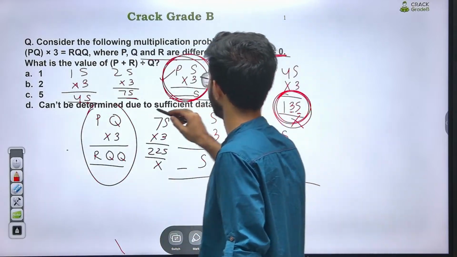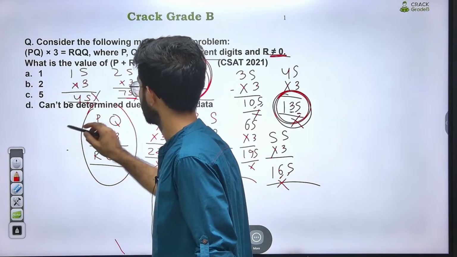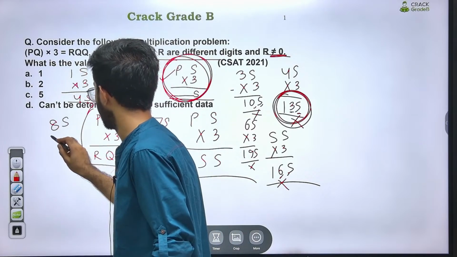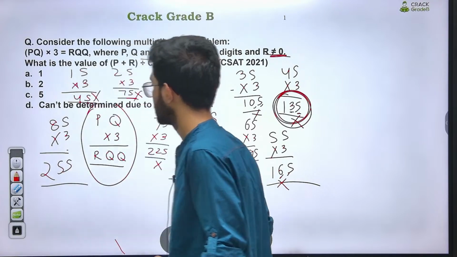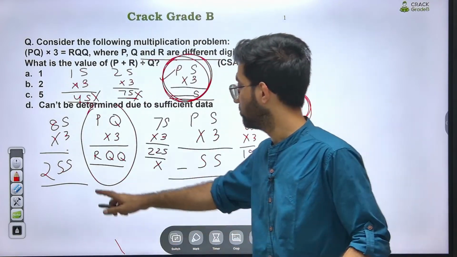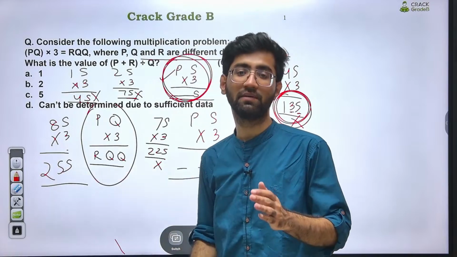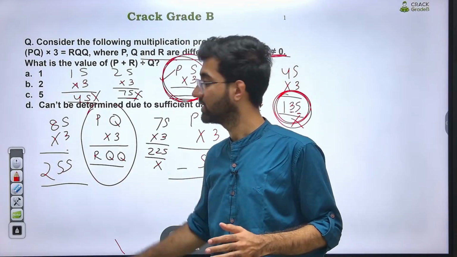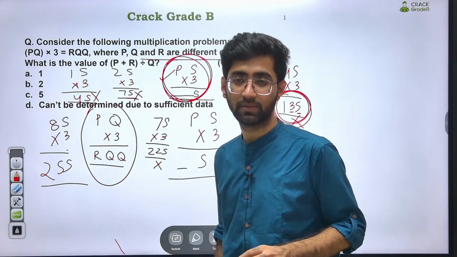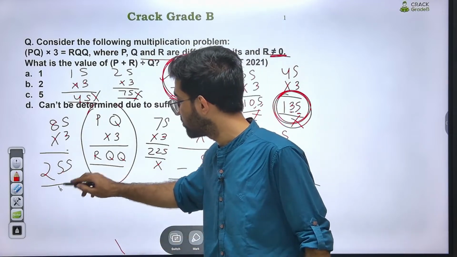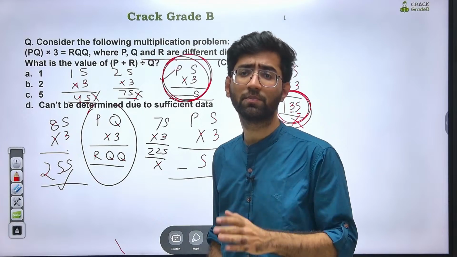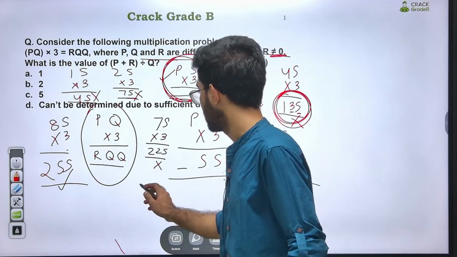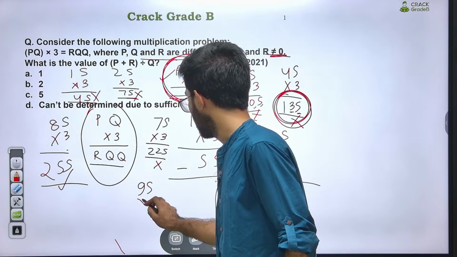Now we will check for the value of P as 8. If you write the value of P as 8, you will get 255. Now you can notice that we are getting 5 at units place and tens place. That means the value of P can be 8. But let us check for the value of P being 9. So let us take another example. 95 into 3.